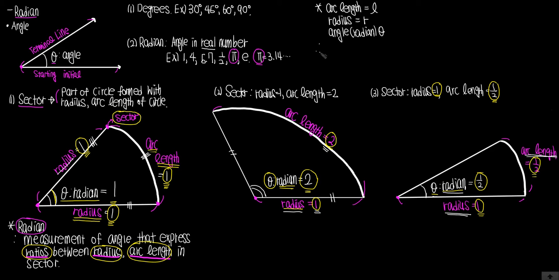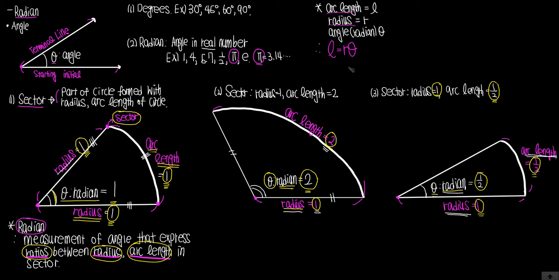We can derive a formula that looks like this, and this formula shows the proportion or ratio between arc length and the radius. So the formula will be L is equal to R times theta.